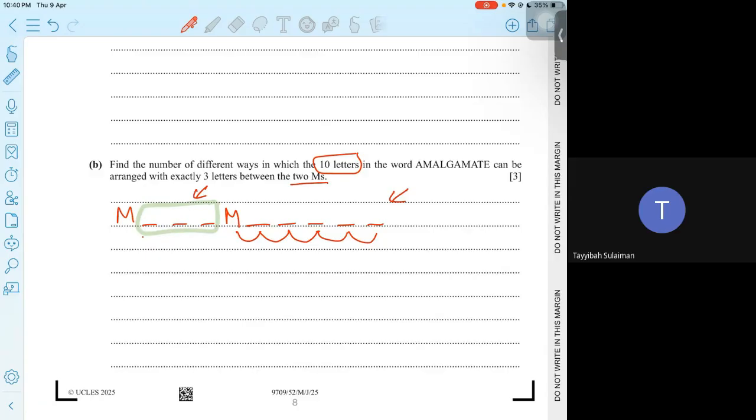Would you like me to check your answer? I got 560. 560, right? Could you please explain to me your method?